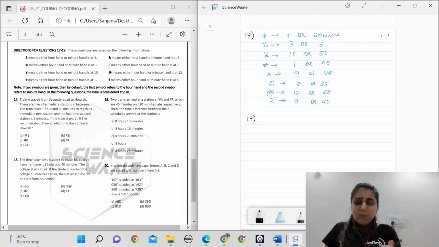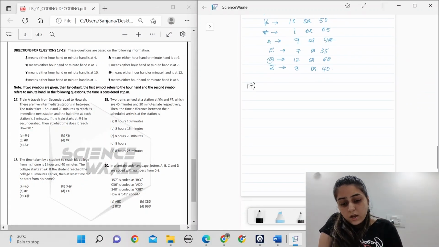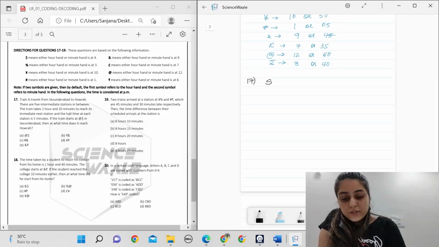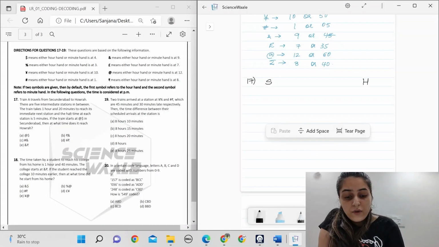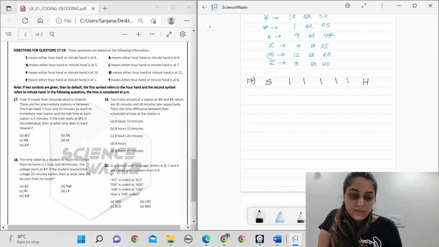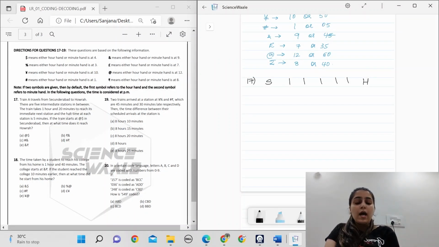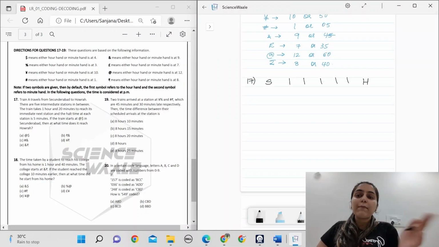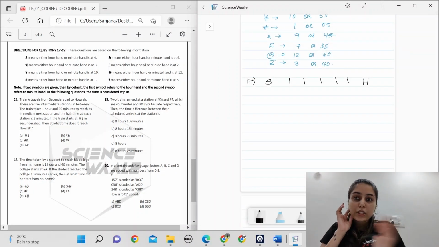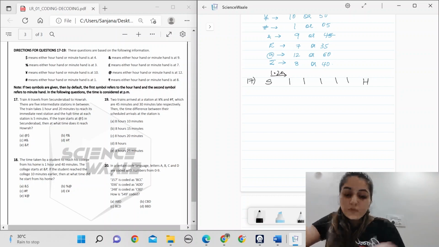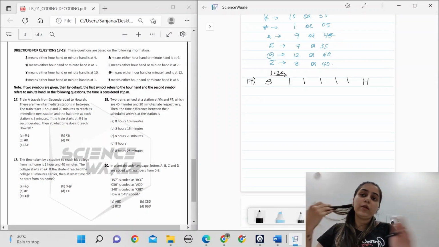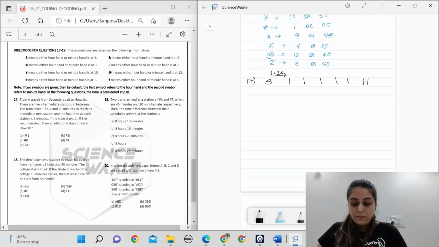So basically a train starts from Secunderabad and goes to Howrah, and there are 5 stations in between, and the travel time between every immediate station is 1 hour 20 minutes, and the halt is 5 minutes at each station.